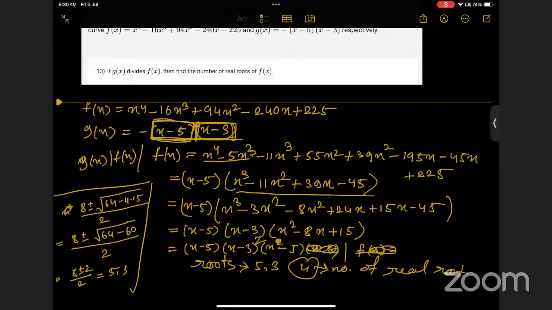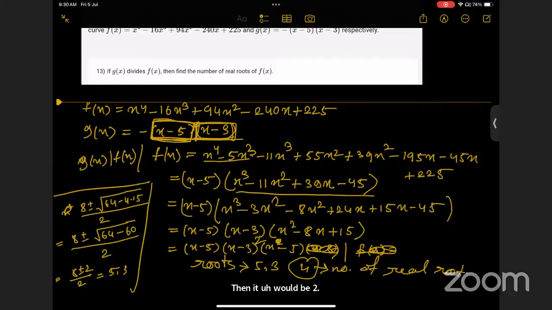No, this is not necessary; they may have a different number of real roots. Yeah. So the number of real roots is 4. If they ask you about the number of distinct real roots, then it would be 2, but the number of real roots is 4.